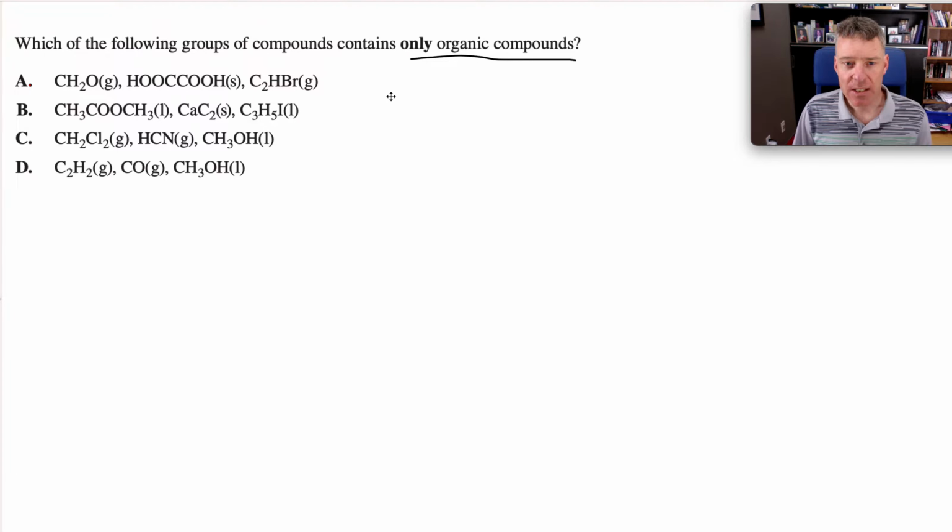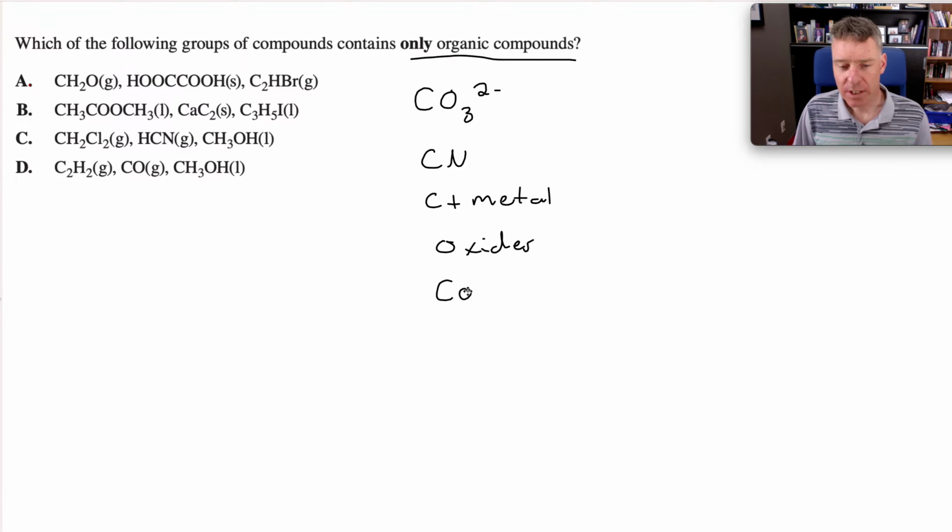Some of the things that contain carbon that aren't deemed to be organic are things that contain carbonate, so they can have any positive ion with them, cyanide, carbon plus a metal, and then the oxides. And then every now and then they'll throw in something tricky, like cobalt that doesn't even contain carbon, just has a C in it.